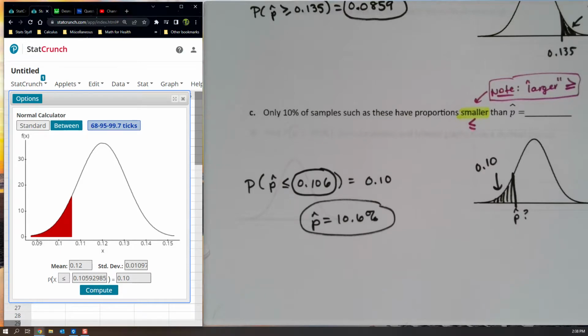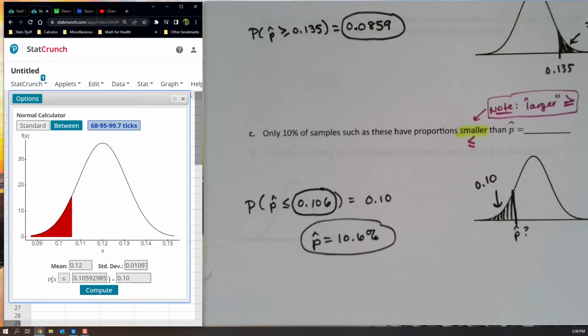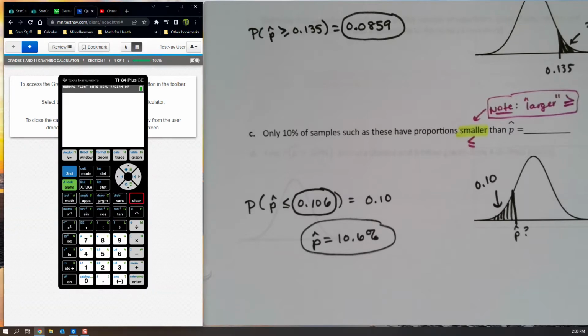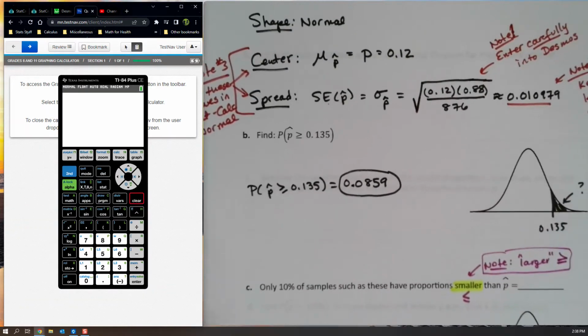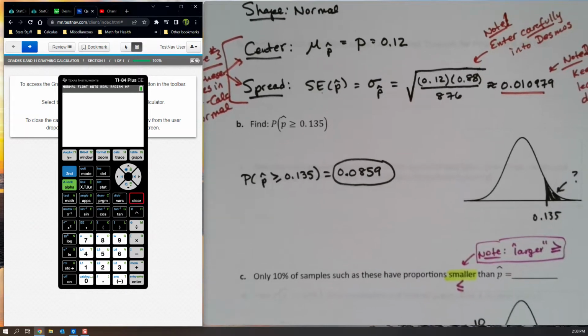All right, I'm going to show how to do those two things with the TI-84. If you're not using a TI-84, you can skip ahead to the next video. All right, on the TI-84, we want to use a normal CDF for this one because this is finding a probability. So we'll use second normal CDF.